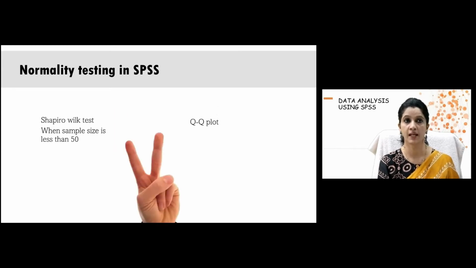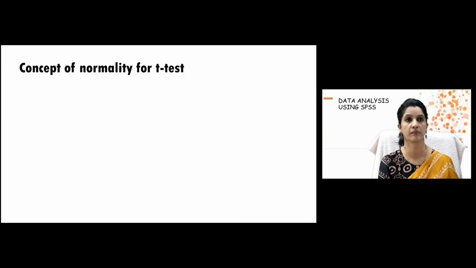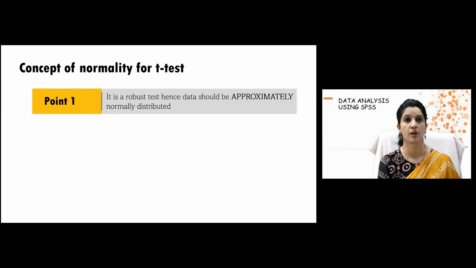Normality testing: what we do normally in SPSS is, when the sample size is less than 50, we use the Shapiro-Wilk test. When the sample size is more than 50, we use the QQ plot. The concept of normality for the t-test is basically assessed across each group.